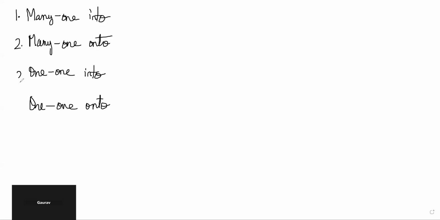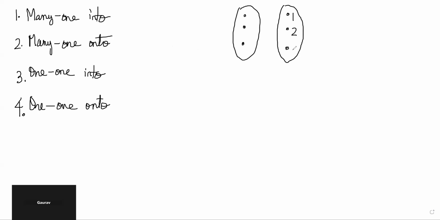These terms can be combined and you should be able to draw the graph of such types of functions, draw the set theory descriptions. So if it is many one into, I should have a situation like this. Let's say 1, 2, 3, A, B, C. I should have it like this, many one, and into. So 3 is left untouched. Do you understand?